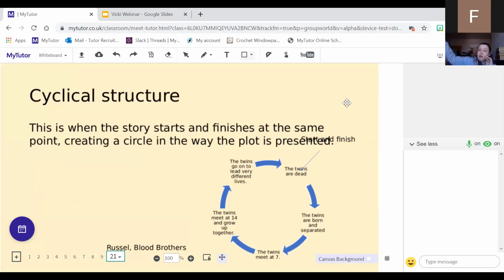So it goes all the way back, flashback to Mrs. Johnston being pregnant with them, then being born and separated. Then we flash forward to them at 7. Then we flash forward to them at 14. Then we flash forward to them as adults, and then that goes through to them both being dead on the stage. So it starts and ends at the same point.